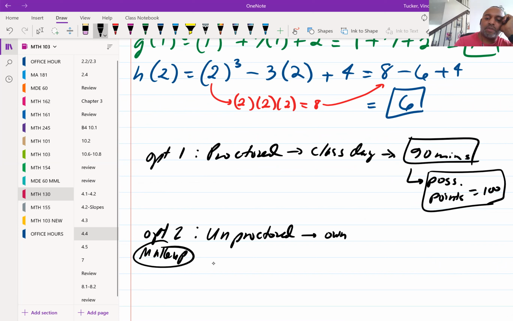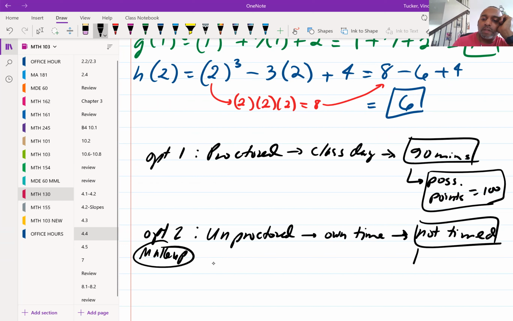That will be done in your own time, just like the other tests. This would not be timed. It would just be like your regular test. I'm setting it up with the same characteristics as option 1, but here your possible points are going to be 85.